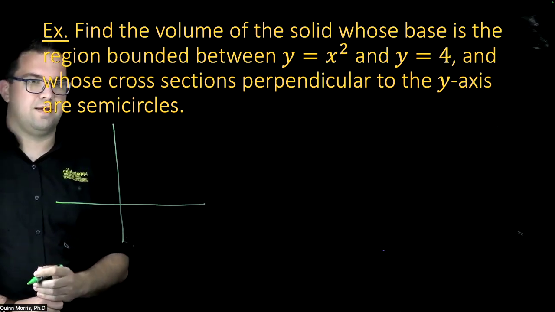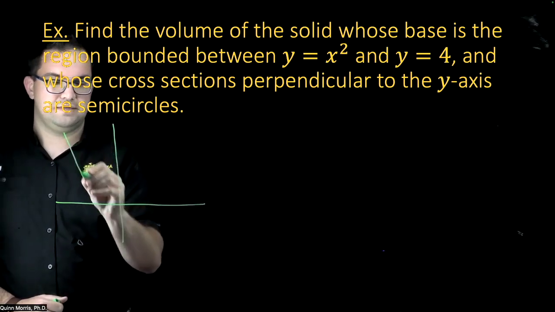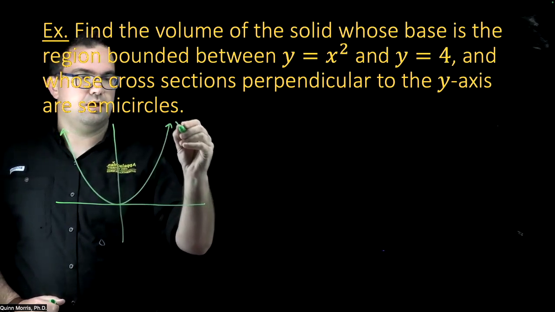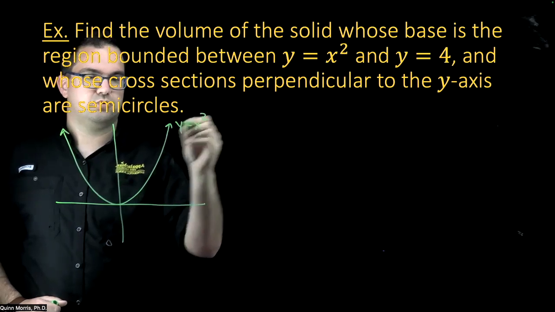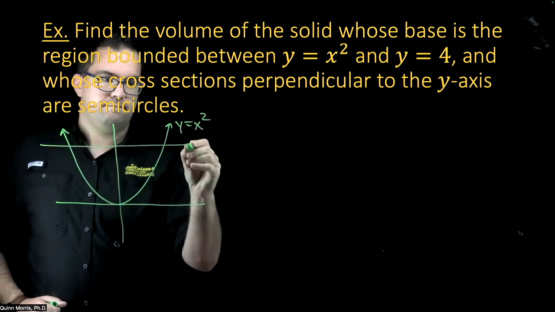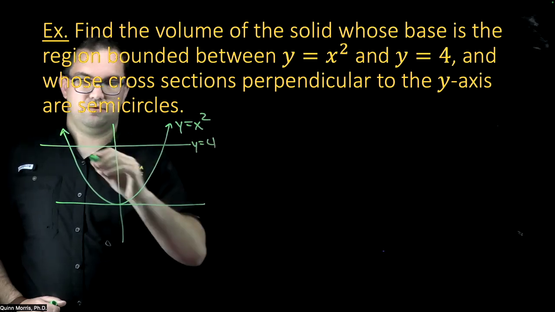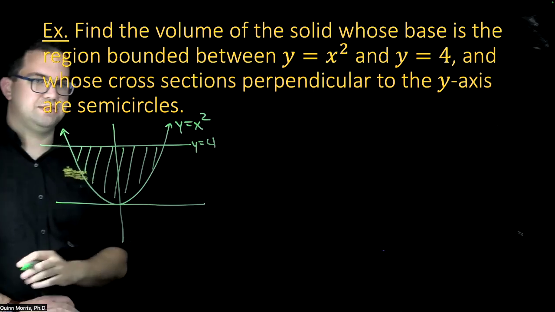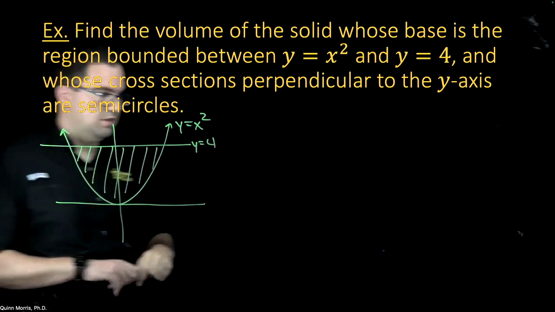So the first thing we want to think about is the base. So the base is the region bounded between y is equal to x squared and y is equal to 4. We're thinking about something which has a base that looks like this.